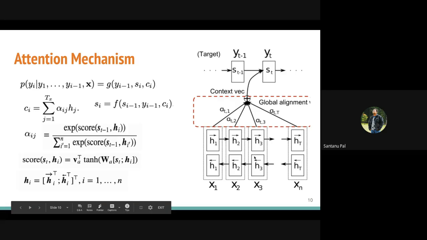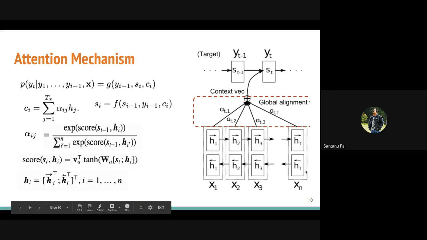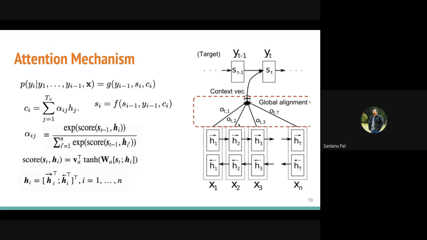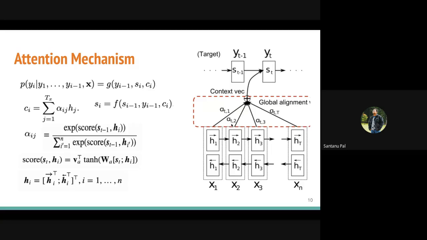So in hard attention, you are not focusing on all the inputs. You just focus on a subset or a single one which has the highest attention weight. Let's say X2 has the highest attention with Y_t through this connection.